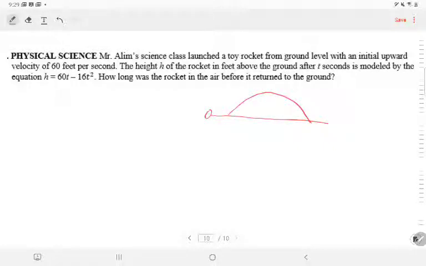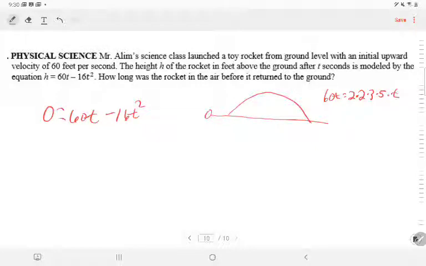Well, all I have to do is go, since each time it hits the ground, the height would be 0, we'll just simply say 0 equals 60t minus 16t squared. Now, 60t is going to be 2 times 2 times 3 times 5 times t.